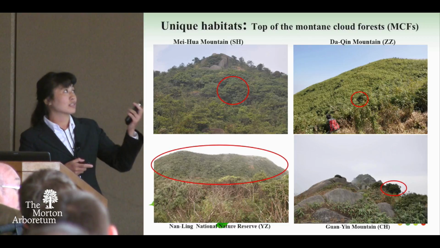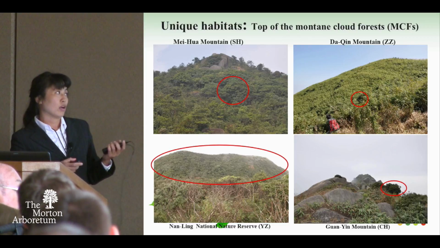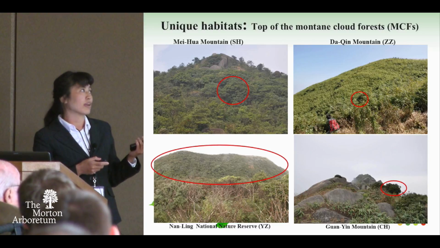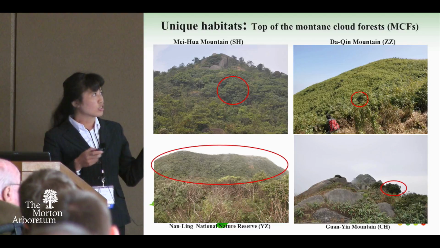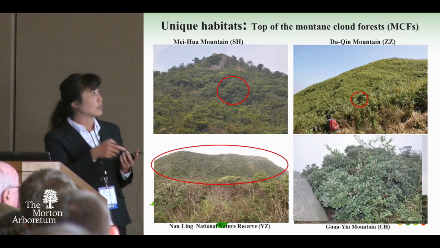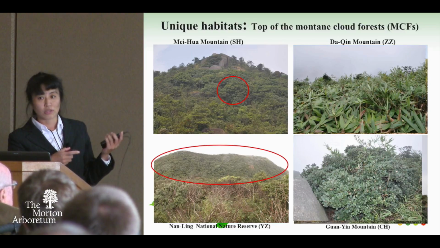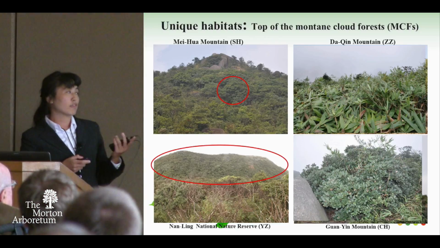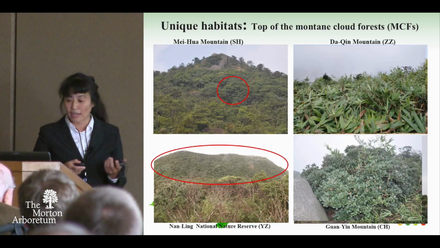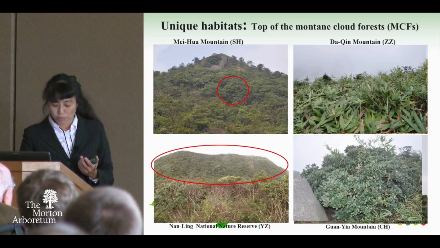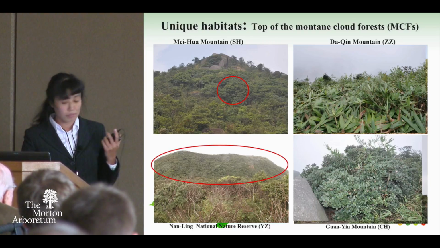Another one, the ZZ population, is in some kind of tea garden, and a lot of bamboo surrounds it. It's merged in with the shrubby bamboos, with very few plants there, and it's very difficult for them to grow and reproduce themselves.